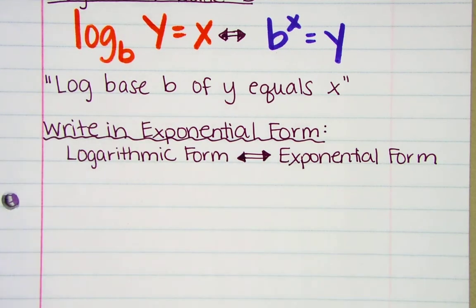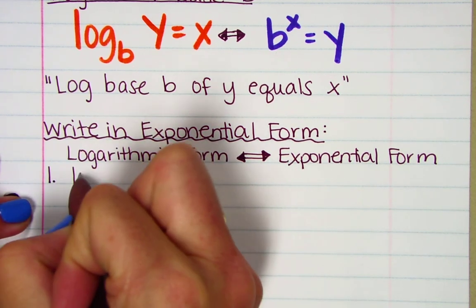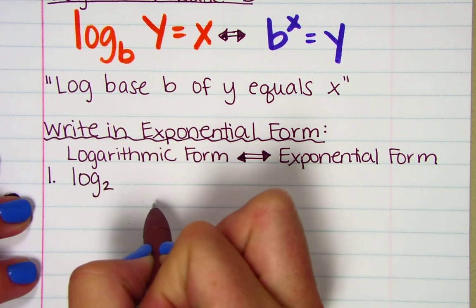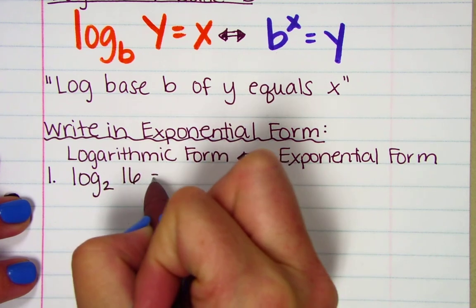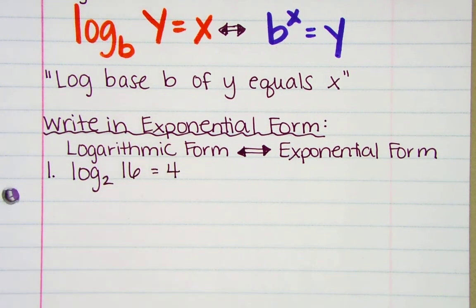Okay, so first problem, they give it to us in log. Log base 2 of 16 equals 4. And again, on these first ones, there's nothing to solve. We're just rearranging it, putting it in the right form.